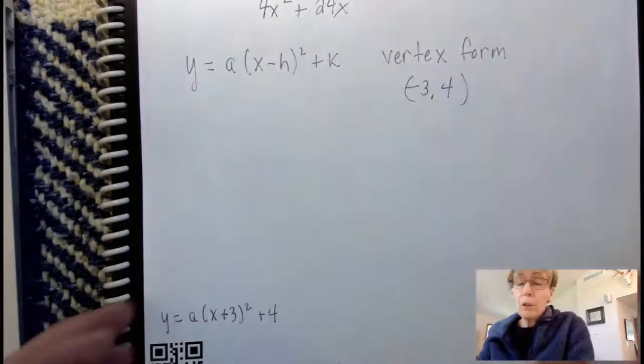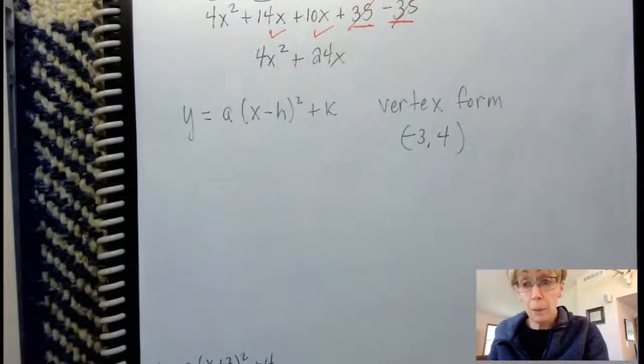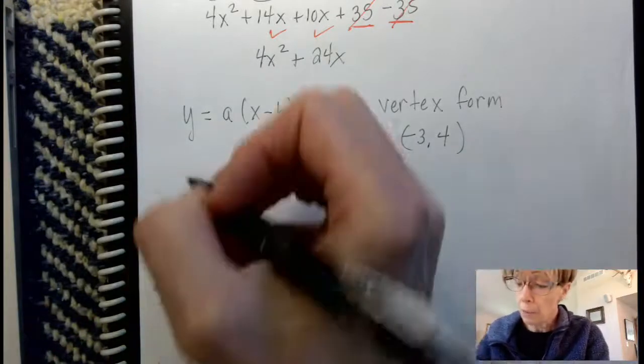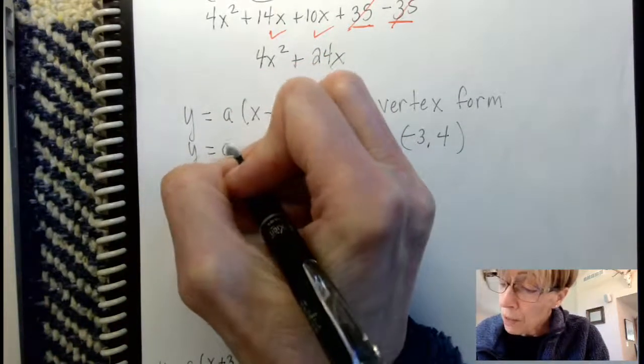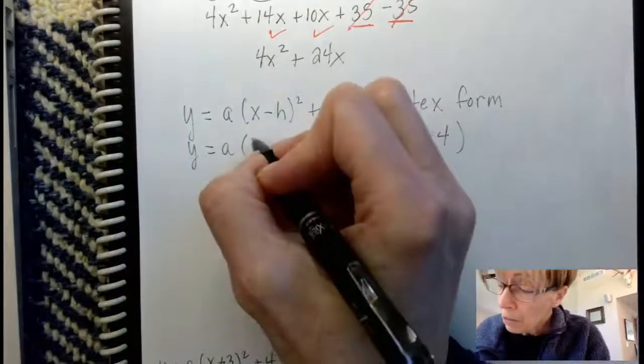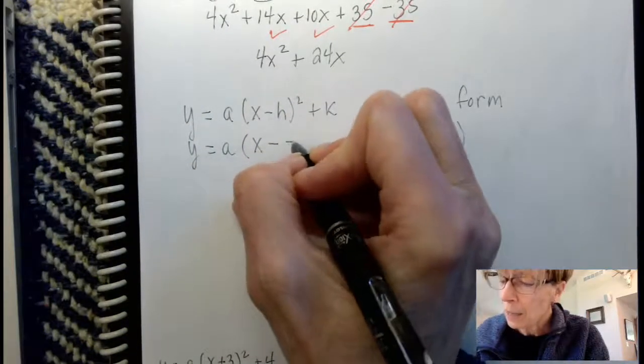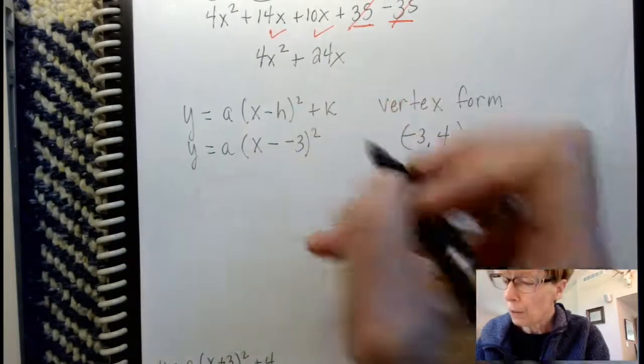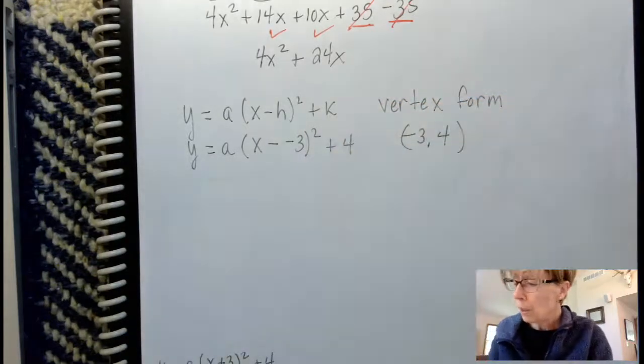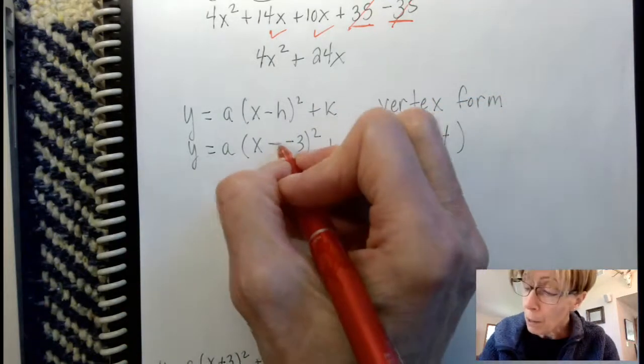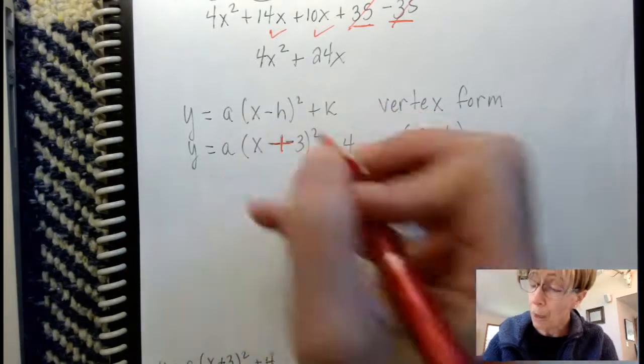The reason I'm writing this down is because we need to be able to put this into Desmos in a minute. The question is, what's the value of a? But this is going to be x minus a -3 squared plus 4. And then a reminder here that a double negative gives us a positive.